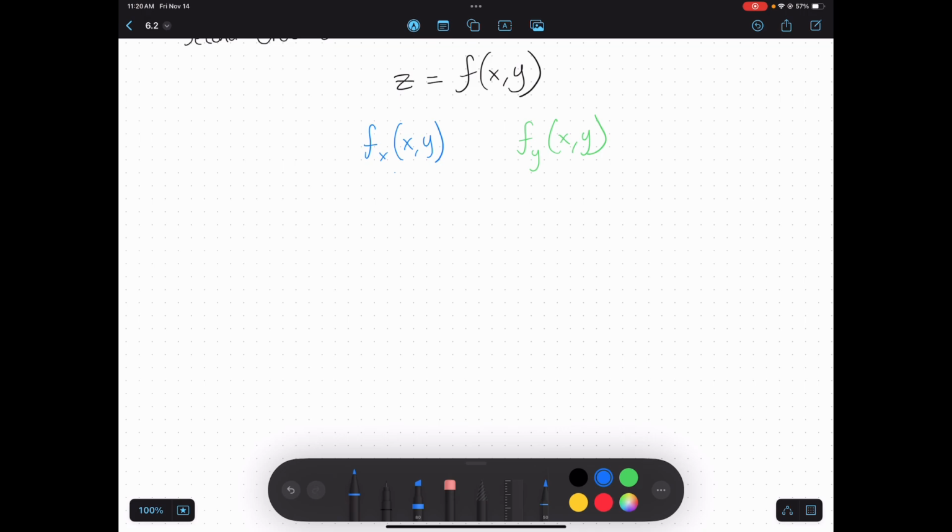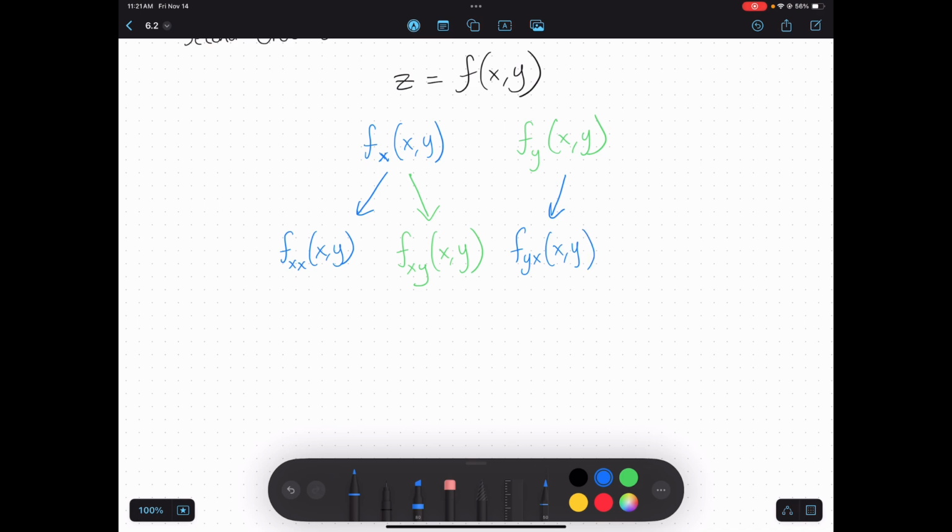How? Well, I could take my partial derivative in terms of x and take the derivative in terms of x again, giving me this f sub xx, meaning I've taken the derivative in terms of x two different times. But my other option is I could take the partial derivative in terms of x and then take that derivative in terms of y, giving me f sub xy. Well, on the other side, I could take my partial derivative in terms of y and then take that in terms of x.